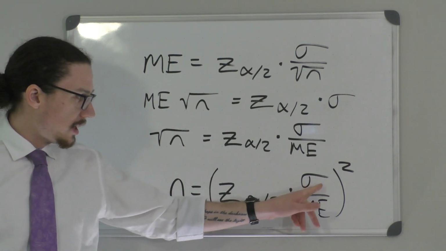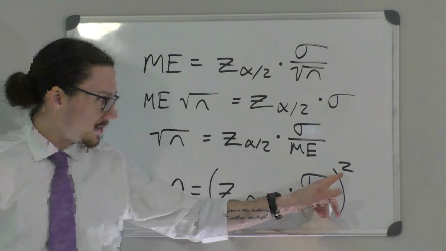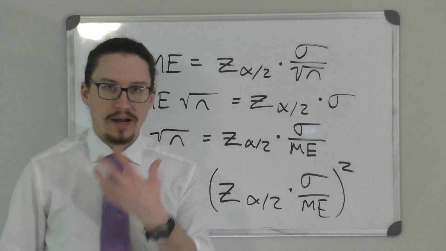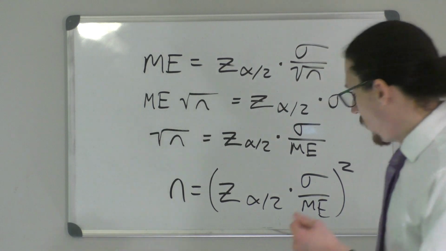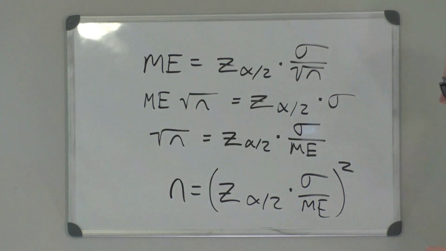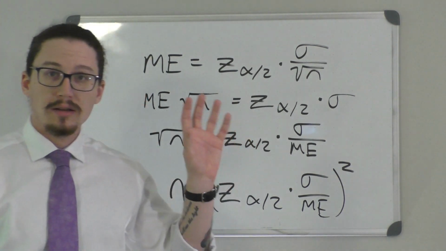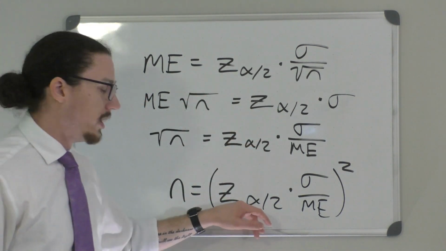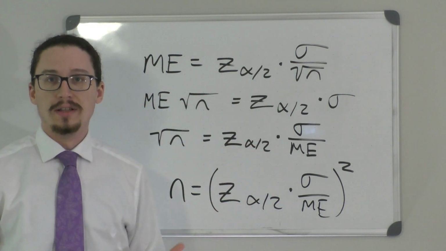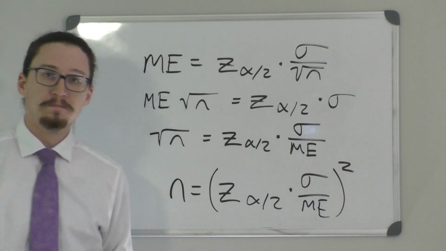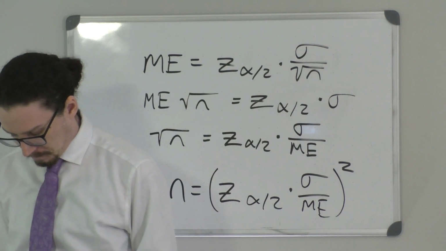We're left with n equals z alpha divided by 2 times sigma divided by the margin of error, squared. This formula gives us the sample size needed to get a desired margin of error with a given confidence level.